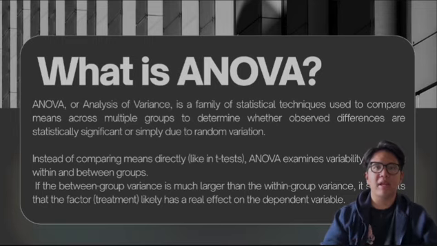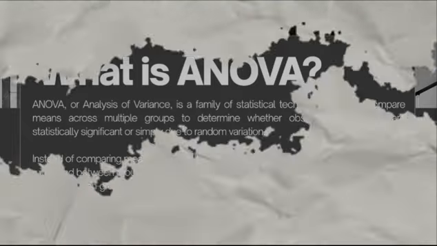Instead of comparing means directly like in a t-test, ANOVA examines the variance both within group and between group. If the variance between groups is much larger than the variance within groups, it suggests that the independent variable or factor has a real effect on the dependent variable. In simple terms, ANOVA helps us figure out if the group differences we see are meaningful or not.